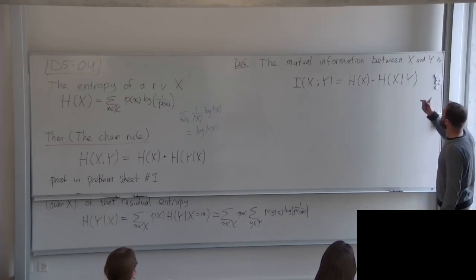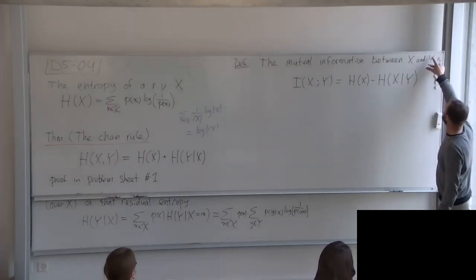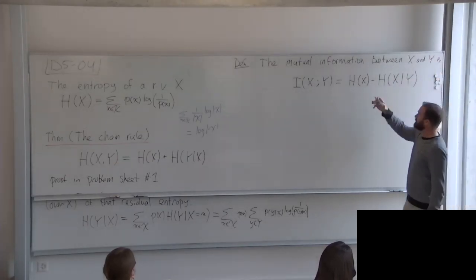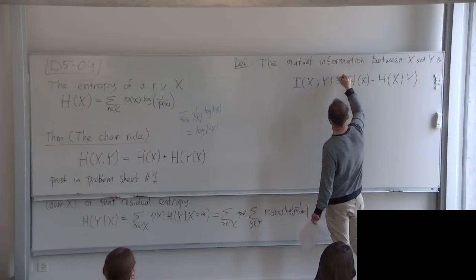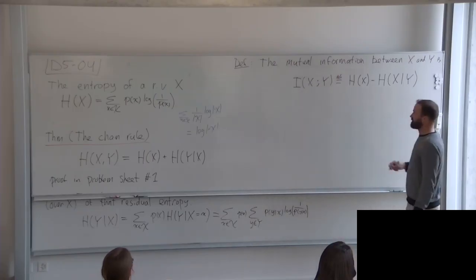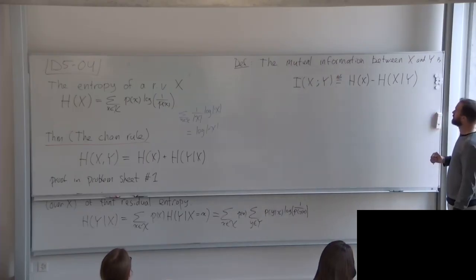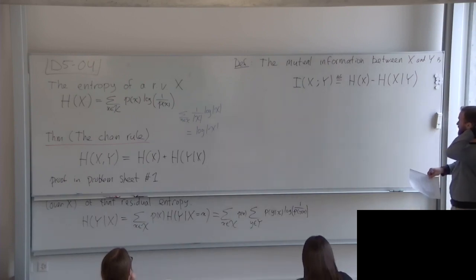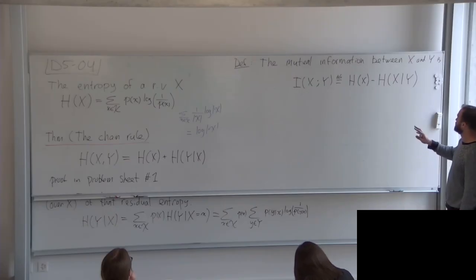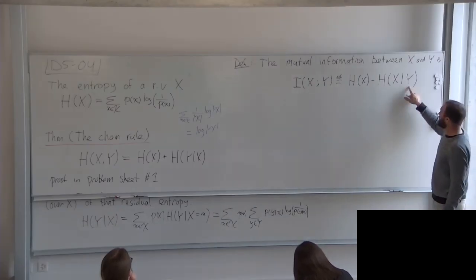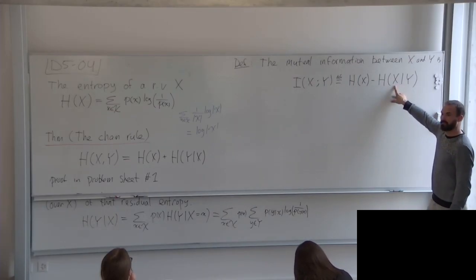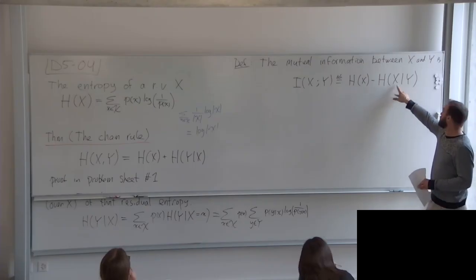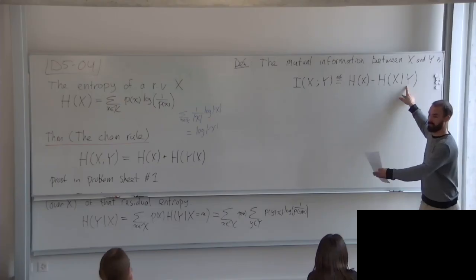So it's the mutual information between two things, x and y, and it's equal to that by definition. In short, you can right away appreciate that if y tells you a lot about x, let's go back into the regime in which y fully specifies x.